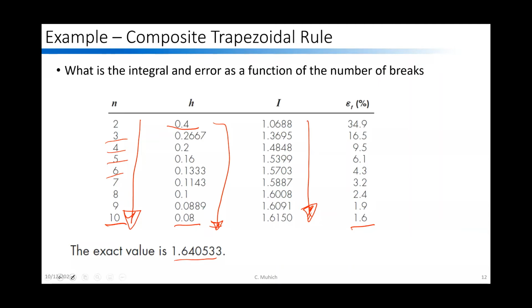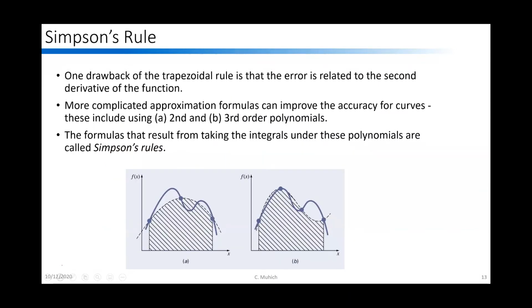So we need to find a better approximation. Just like before, when we were doing line fittings, we said, let's not use a straight line anymore. Let's use 3 points and fit a polynomial. This is the idea behind Simpson's rule. Here, instead of taking a straight line, we're going to now start fitting higher order polynomials.